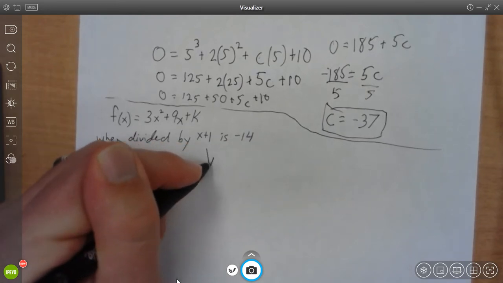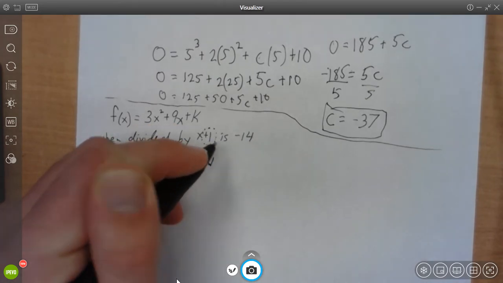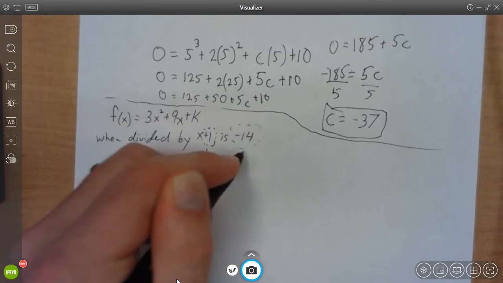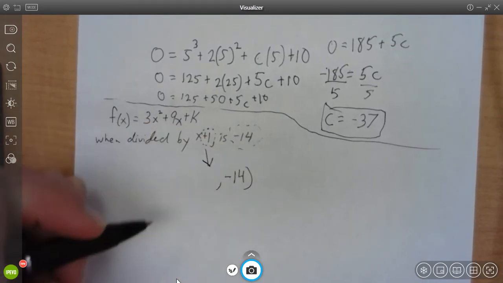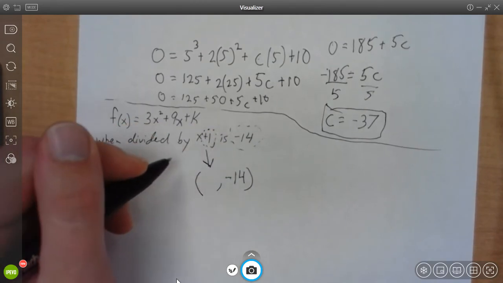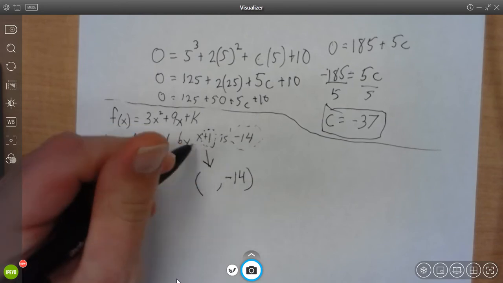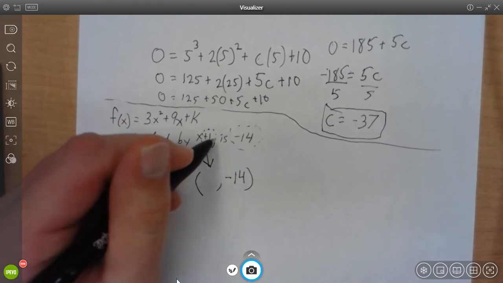Using what we know about the remainder theorem, this number right here is important, and then the remainder is important. The remainder is the y value of your function. And then this is acting sort of like your root. So you've got to think, what makes x plus 1 equal to 0? When x is negative 1, that will make it 0.